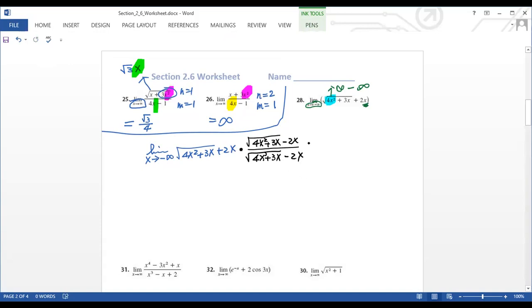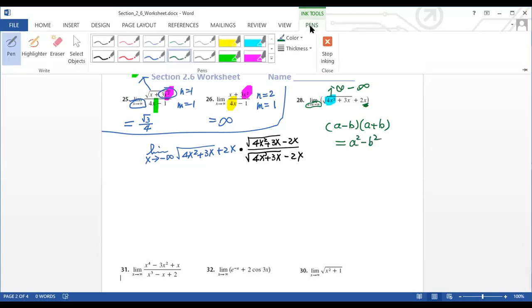So those are the conjugates. The reason we want to use the conjugate is that I want to use this nice formula: a minus b times a plus b is equal to a squared minus b squared.